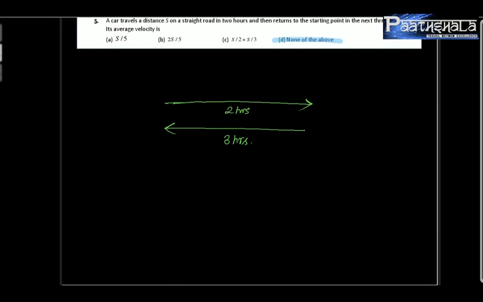But let us say they had asked us to find out the average speed. Then what will we do? Finding the average speed in this problem is a good exercise. See, average speed is total distance traveled, s plus s, upon total time taken, that is 2 plus 3.